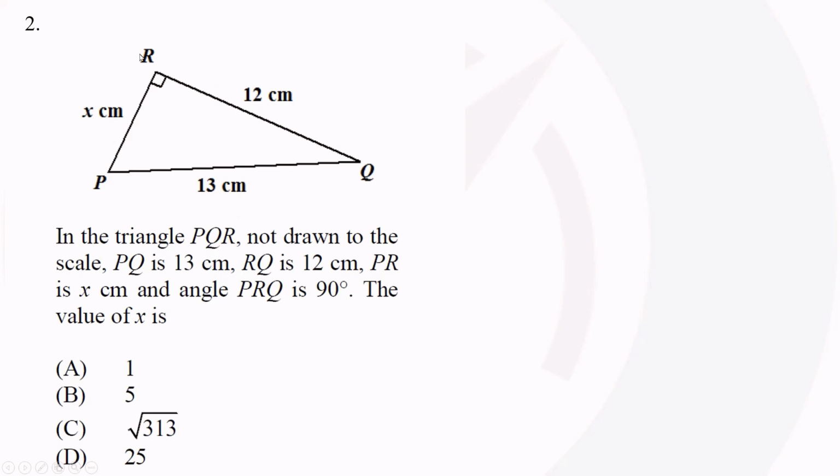Because it's a right angle triangle, you can easily use your Pythagoras Theorem. So using Pythagoras Theorem, we know that short side squared plus short side squared is equal to hypotenuse squared. Sorry, forgive me for that.